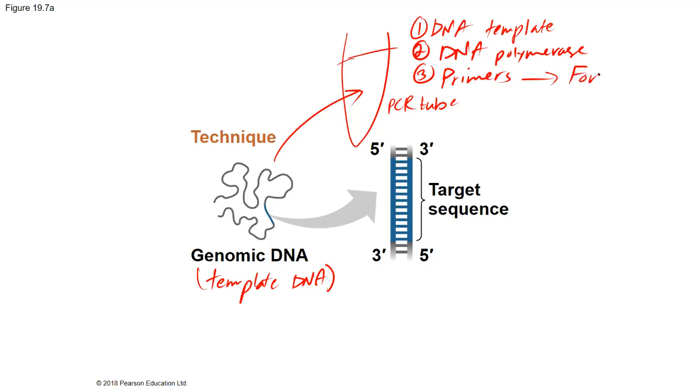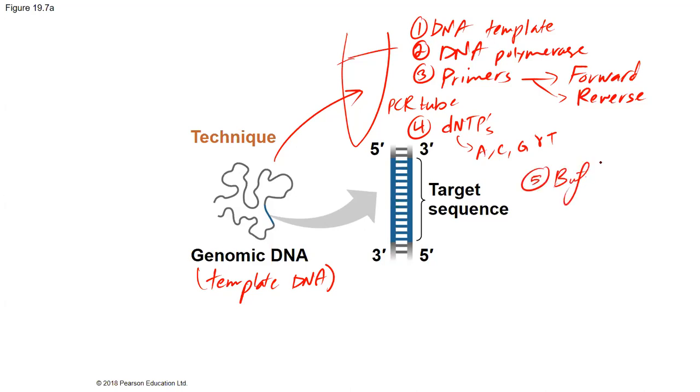We have a forward and we have also a reverse primer. Nucleotides, dNTPs. N means here A, C, G, and T, so nucleotides, and a buffering system that will help the DNA polymerase to do its function.